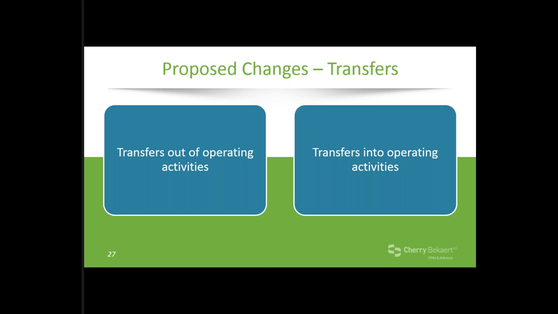So transfers out of operating activities would include when a board designates or appropriates a portion of net assets for use in a future period, which effectively makes those resources unavailable for current operations. The transfers into operating activities would be the opposite side of that, when the governing board makes available certain non-operating returns or previously transferred amounts to support fiscal needs in the current operations.